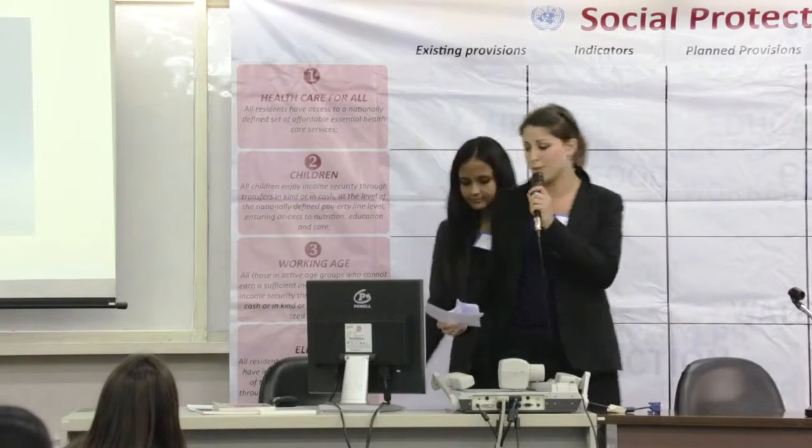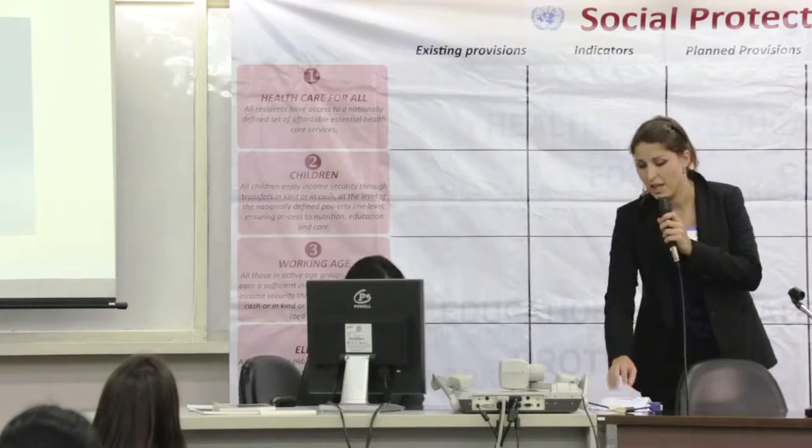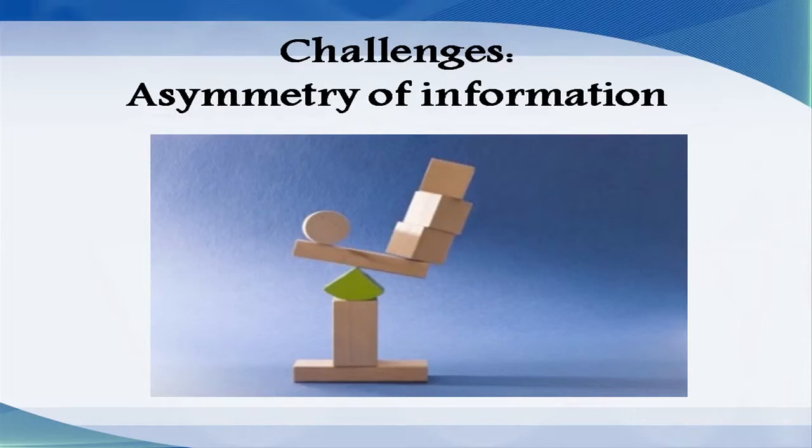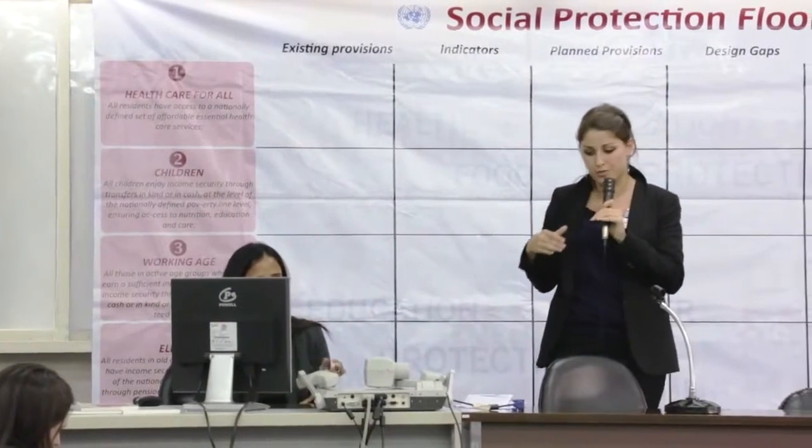Now we come to the challenges that insurance can face. So what is asymmetry of information? In real life, we don't have all actors, and in insurance markets above all, they don't have the same level of information.